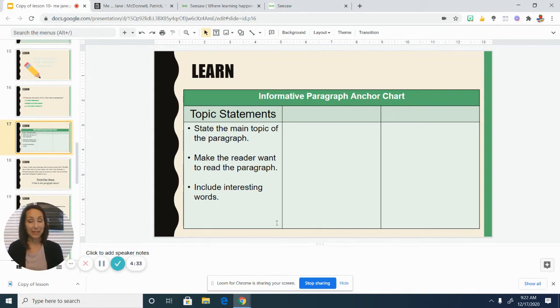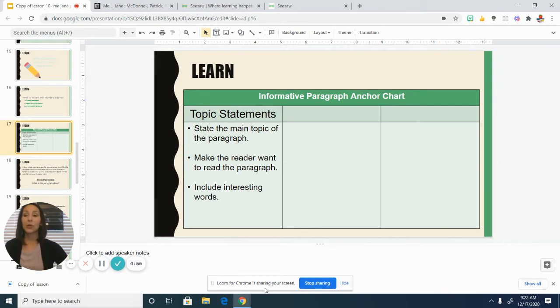So again, the job of the topic statement or sentence is to tell what the main topic of the paragraph is, but it also has the job of trying to be interesting and catching the reader's attention by using interesting words or saying something that gets the reader to think, huh, that's interesting.